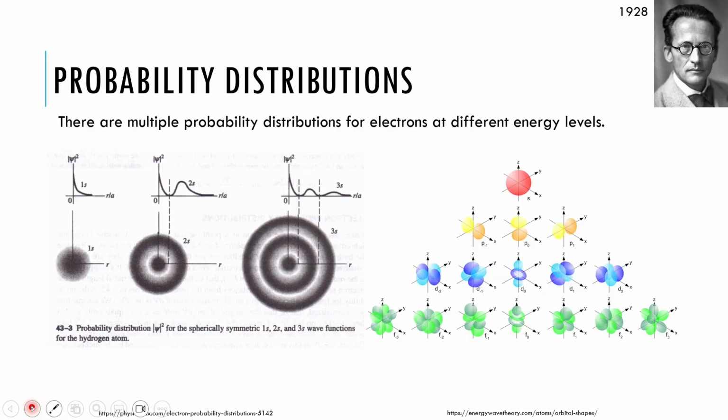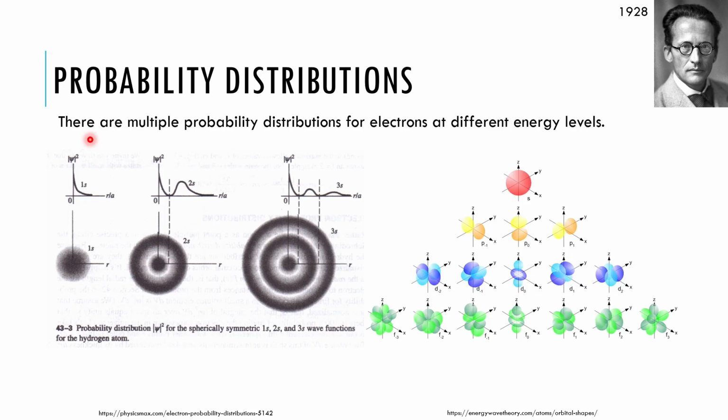So for example, if we had electrons with principal quantum numbers 1, 2, and 3, there will be areas of high probability, say in the center for all of them, where the electron could exist. But for our energy level 2s and 3s, there are also outer rings where there's a high probability of finding this electron as well.